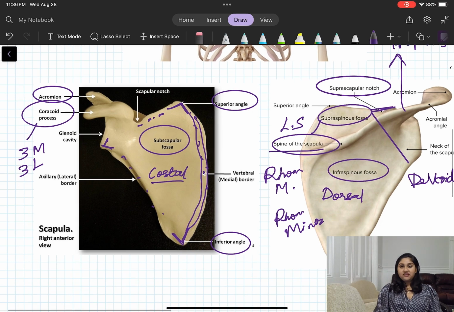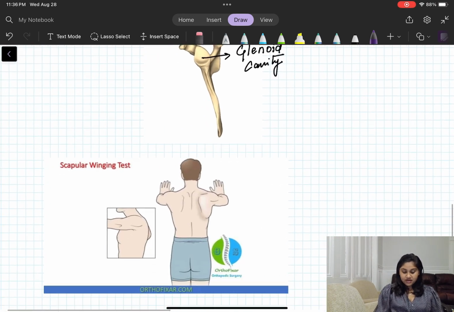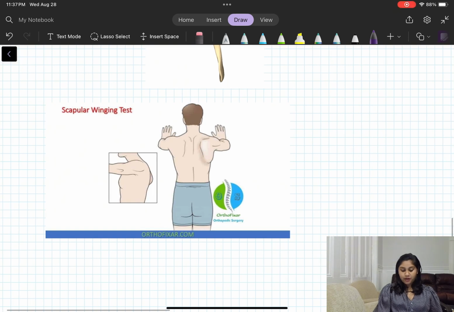Now let us see what is the clinical condition that can be caused by the scapula. So first thing is the winging of scapula that occurs when there is the removal of breast or any injury to the nerve. The nerve associated is the long thoracic nerve, or the nerve to serratus anterior of root value C5, C6 and C7.